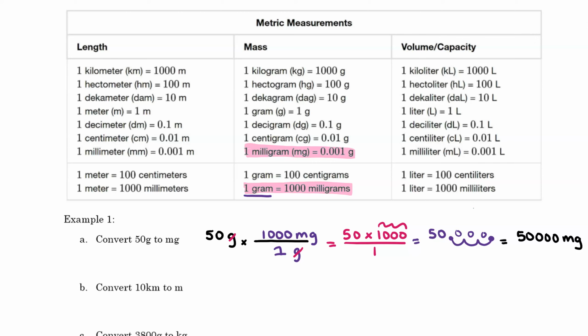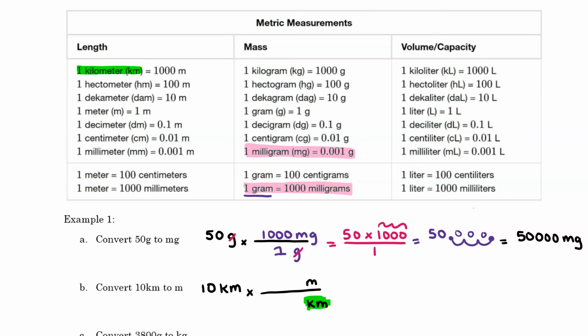Okay, let's convert 10 kilometers to meters. So I have 10 kilometers, and I know I'm going to need some conversion to get rid of kilometers and change to meters. So again, there is a conversion here which has 1 kilometer, and that's what I need on bottom, and that would be perfect because having a 1 on bottom is really going to be great.